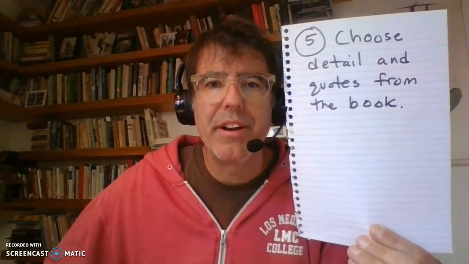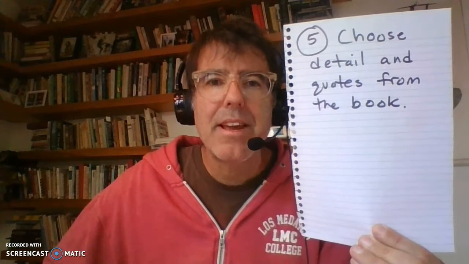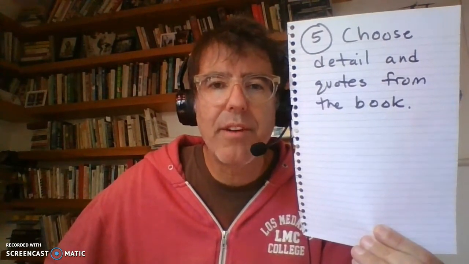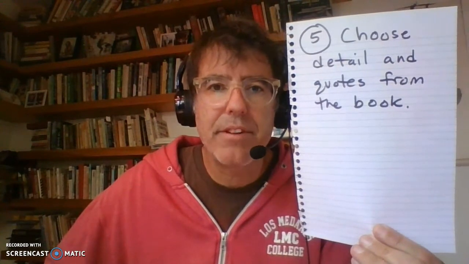Number 5, choose detail and quotes from the book. So this is a very important part of your process. You're deciding what quotes, what information from Between the World and Me you are going to put in your essay. Maybe for the rough draft, you'll be choosing 5, 6, 7, maybe 8 different things.